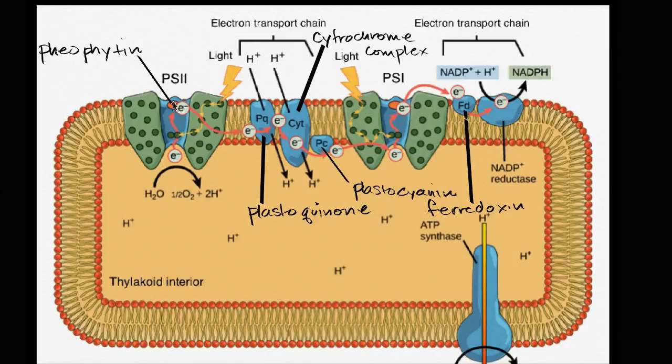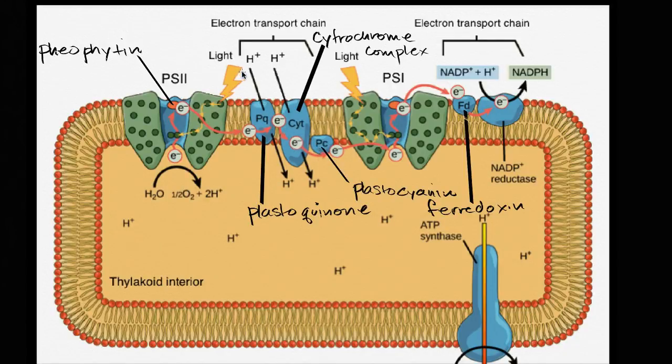And then that electron, it's the first electron acceptor, you'll see this sometimes spoken of in your biology textbooks, is pheophytin. And then that can then transfer the electron to plastoquinone. And that plastoquinone is interacting in this cytochrome complex, which transfers the electron from plastoquinone to plastocyanin.